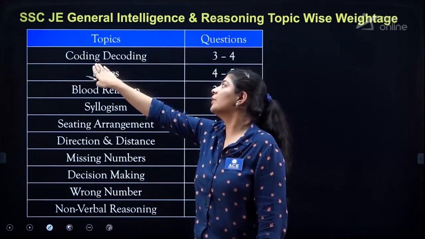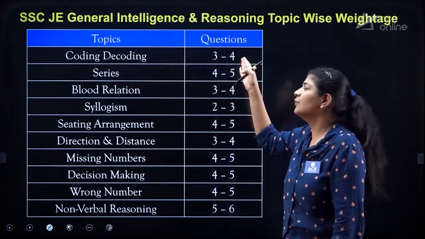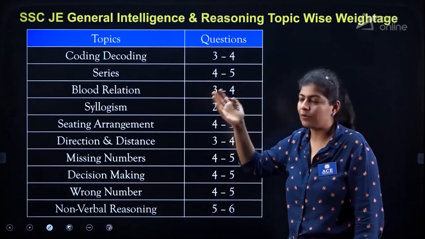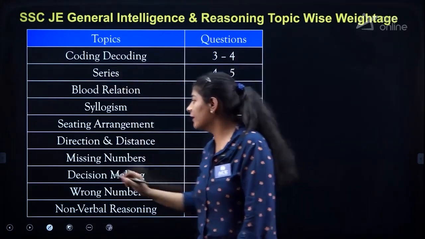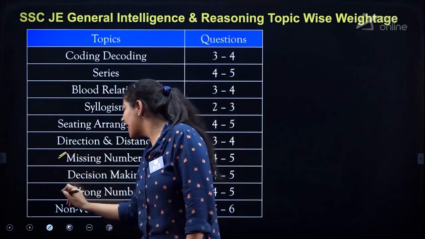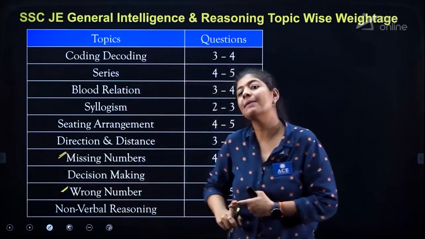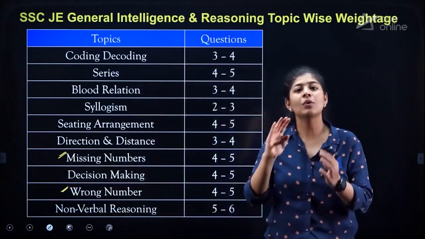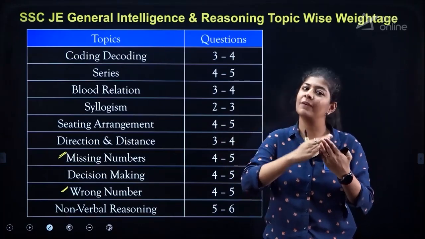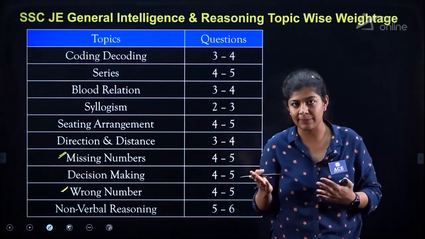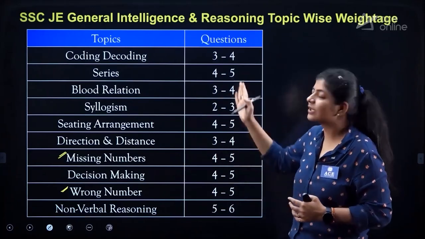If we talk about coding-decoding, 3 to 4 questions were asked in previous years. Series, here I also mentioned the missing number and the wrong series, because in some papers only the alphabetic segment was asked, or in some questions alphabetic and number were both asked separately. That is why it is mentioned like this.